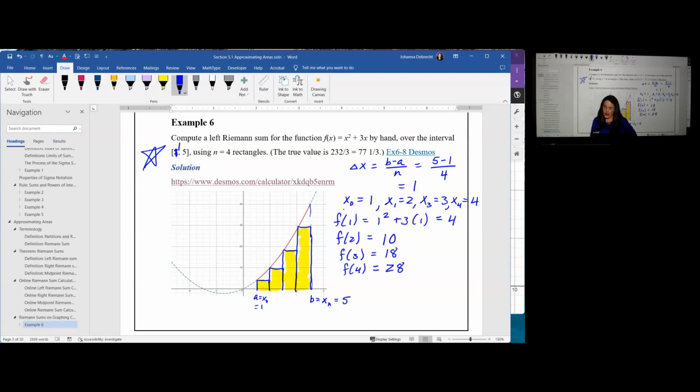Right. When I compute the values, what I end up with is f of 1 equal to 4, f of 2 is 10, f of 3 is 18, and f of 4 is 28.